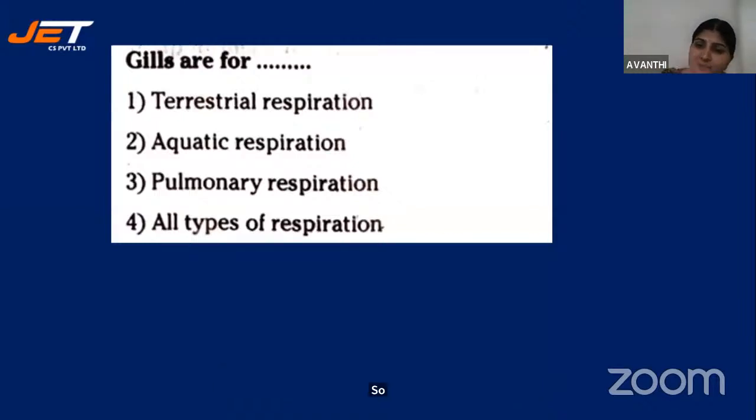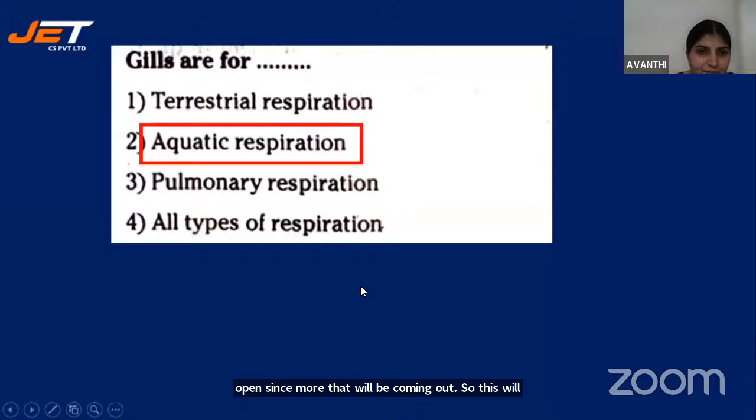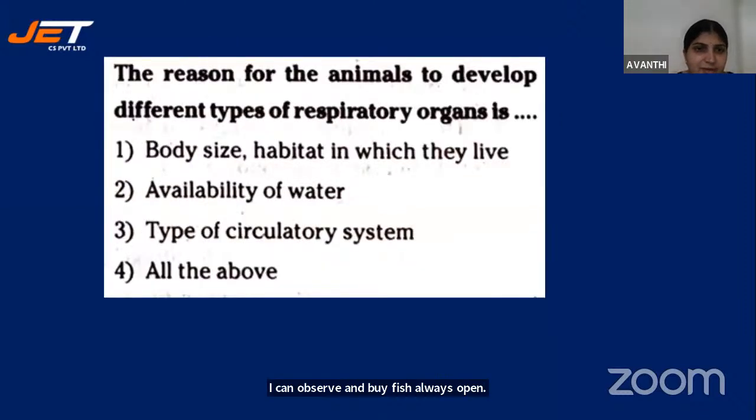That water, rich in CO2, comes out when the fish opens its mouth. This happens simultaneously, like how it happens in the lungs of the human body. You can observe why the fish always opens and closes its mouth. This is the mechanism behind that process.